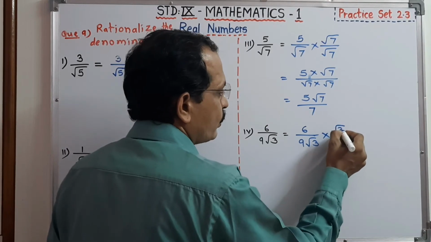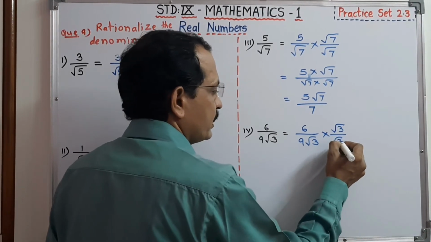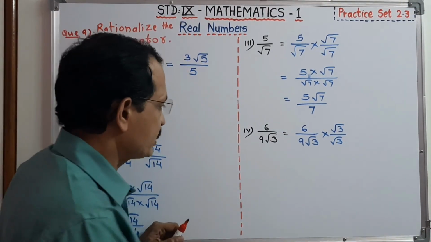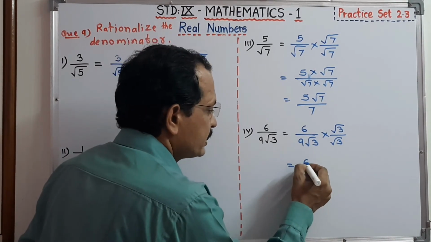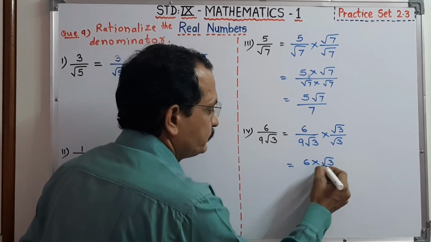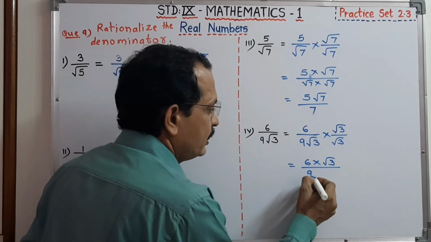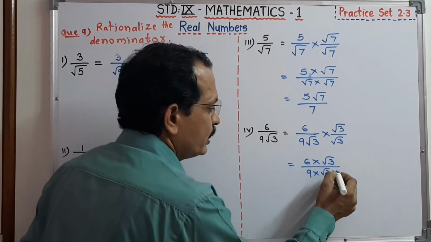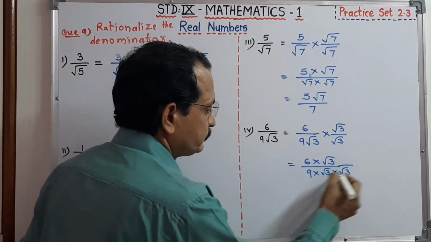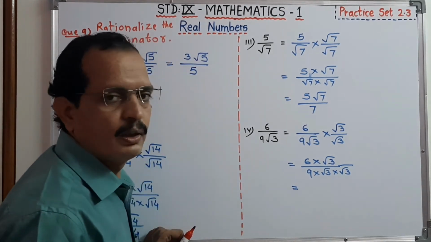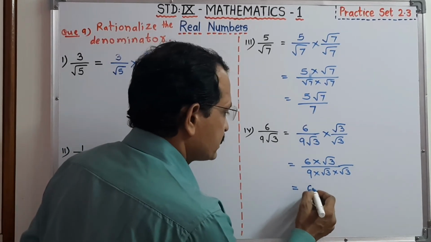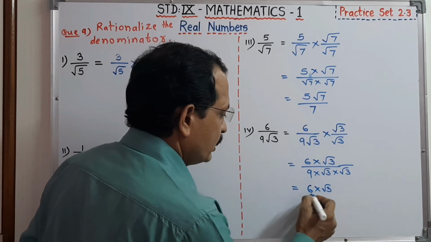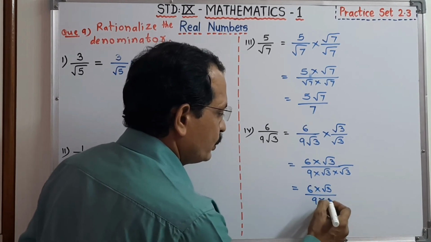Therefore we write here root 3 divided by root 3. Now do the multiplication. It is 6 into root 3, and here it is 9 into root 3 into root 3. See here, 6 into root 3 upon 9 into 3.